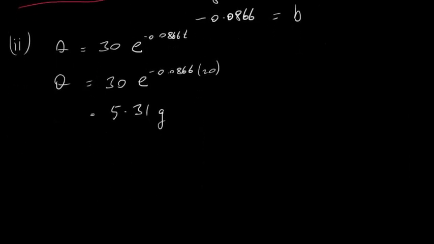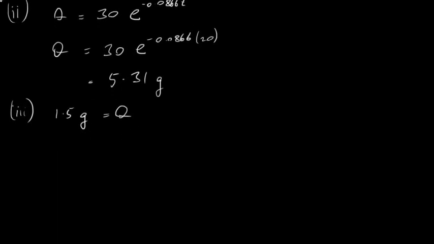So let's have a look at doing that. So this is part 3. We want 1.5 grams to be remaining, so that's going to be our Q. So let's just write down our formula again. So our formula is going to be Q is equal to 30 e to the power of minus 0.0866 t.